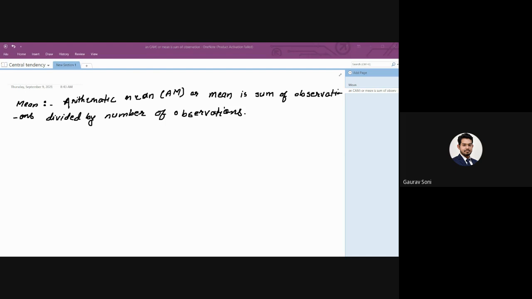The same definition, depending on the different environment, we change this definition formula actually. So case one, the one we were discussing: the raw data, which is also called individual observations or ungrouped data.